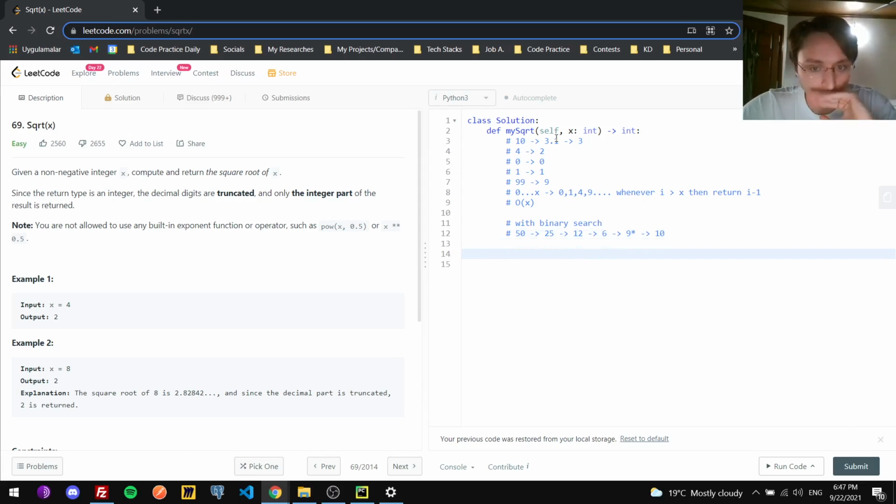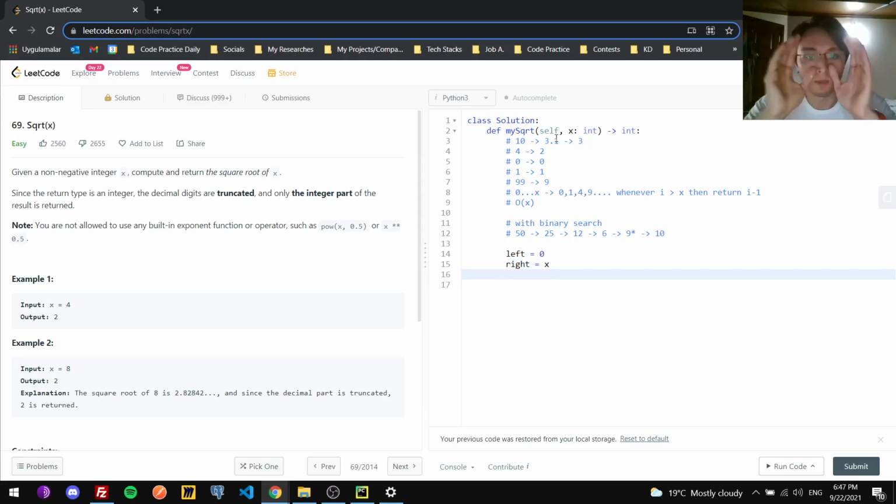So to implement this, we need some values first. We need left and right, the boundaries. Left will be equal to 0, and right will be equal to x, because we are looking between 0 and x.